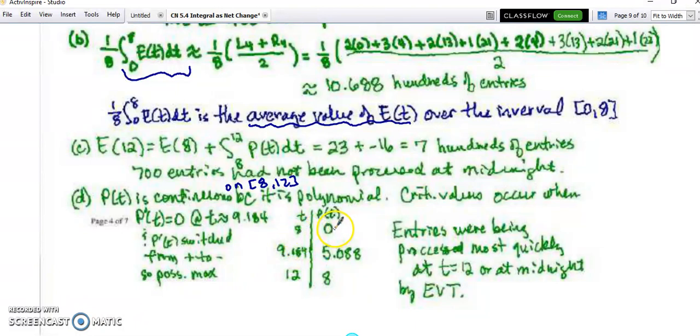So I plugged in P of 0, I plugged in P of this number, I stored it on my calculator, plugged it in and got this, and then I plugged in 12. And so the entries were being processed most quickly at t equal to 12, at midnight, because this was the largest. Make sure that you are not using a first or second derivative test justification over here. Use EVT.